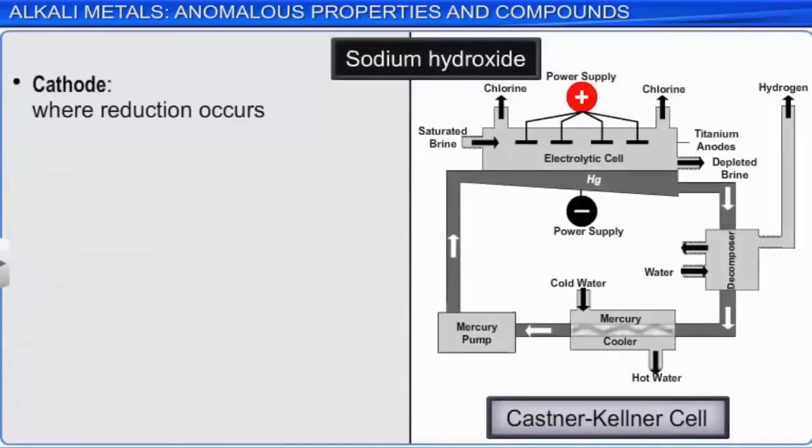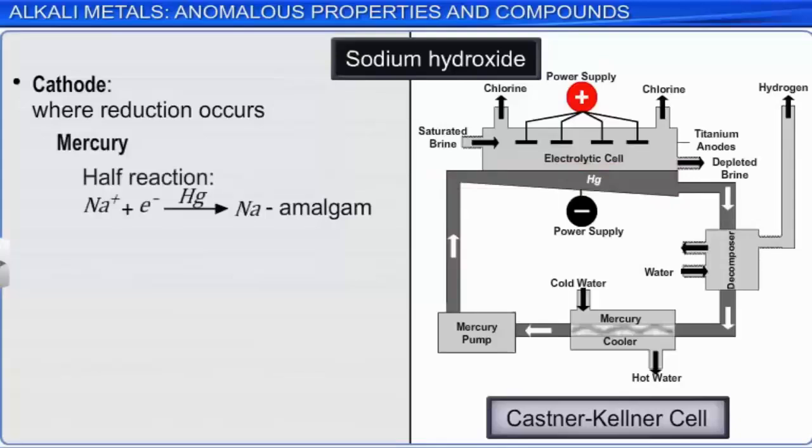In the Kastner-Keller cell, mercury functions as the cathode. In the reduction half reaction, sodium ions combine with an electron to form a sodium-mercury amalgam.